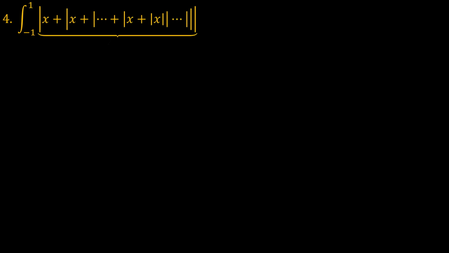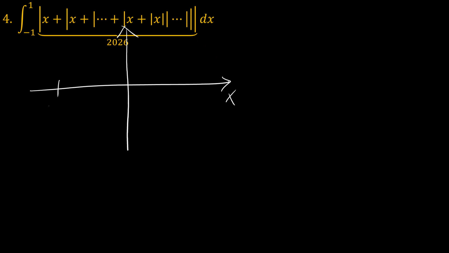Problem number 4 happens to be the definite integral from x equals -1 to x equals +1 of the absolute value of x plus absolute value of x plus the absolute value of x, and so on and so on. So this is a very interesting problem, and how I would try and solve it is I'll just draw it like that, and we have -1 here and +1.